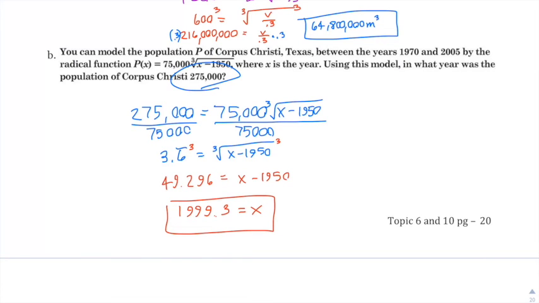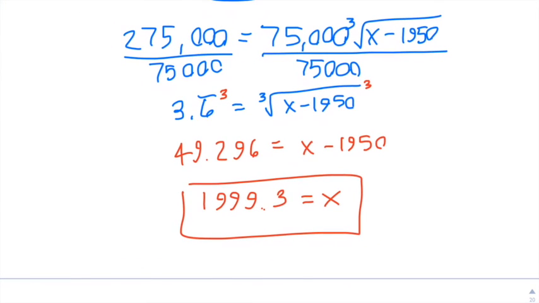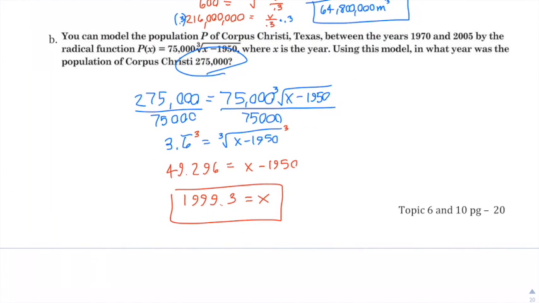Sometimes the question will word it like, what year was it over that amount? They didn't really get specific here, so I'd probably say about 1999 is when the population hit that. But if it says something like over or under, then you would consider that and round up or down, depending on the problem. Other than that, I believe that is it for the lesson.